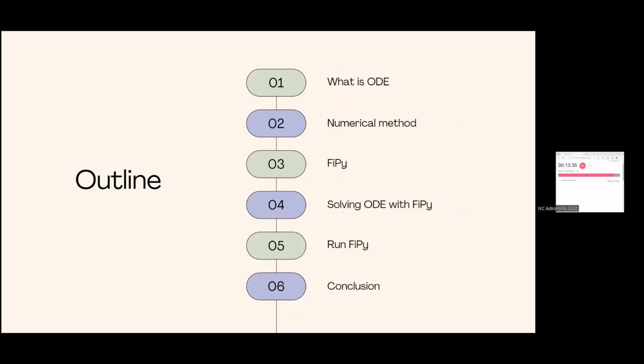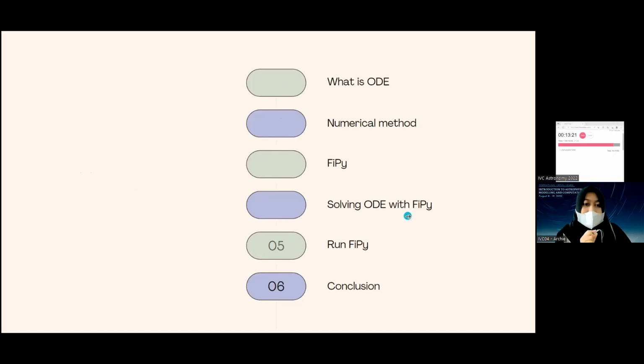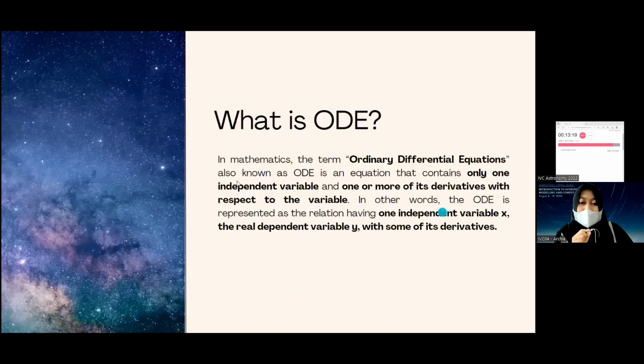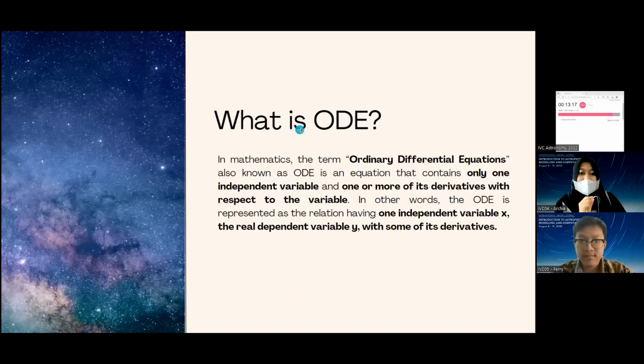So I hope you listen to our presentation carefully. If you have any question, maybe you can save it and ask us at the end of the presentation. So without any further ado, let's start the presentation. The first part will be explained by my friend.